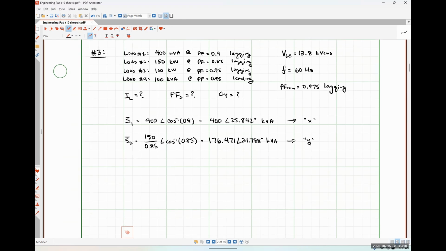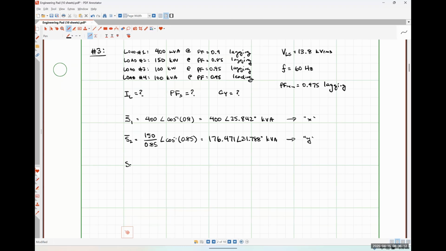Okay. For load number 3, we're going to do the exact same thing as we did for load number 2 because we're provided with essentially the same information, right? We have average power and we have power factor that is lagging. So that's just going to look like 100 divided by 0.95 with an angle of the inverse cosine of 0.95.